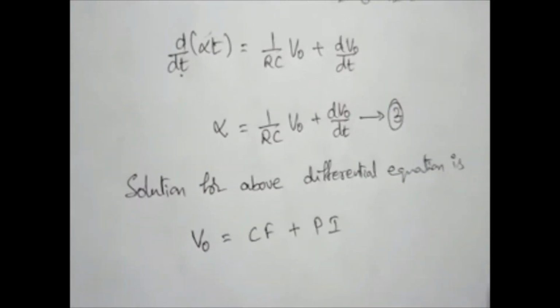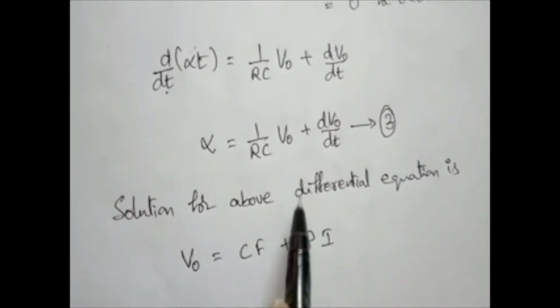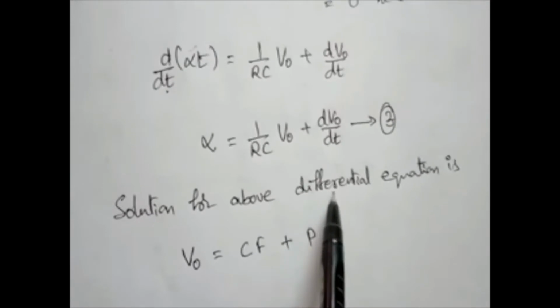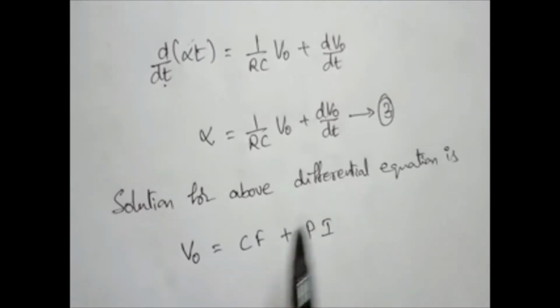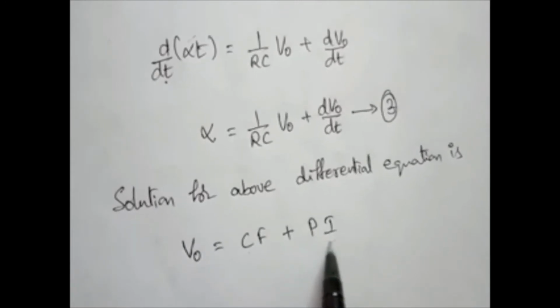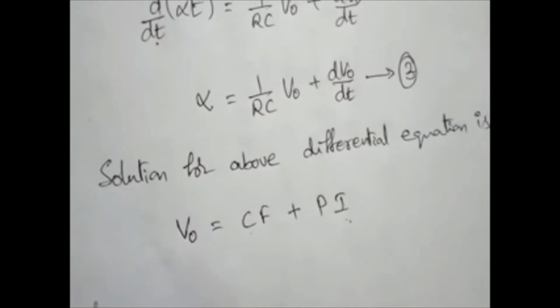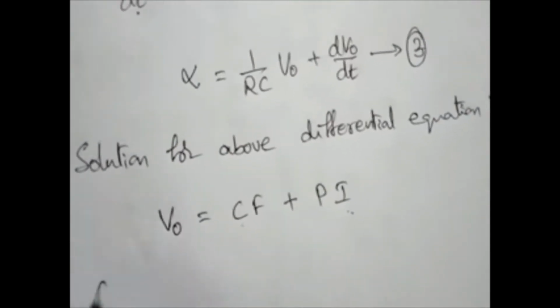What do we mean by particular integral and complementary function? We already know that the above differential equation consists of two parts. The first one is the complementary function and the second one is the particular integral. So first let us find the complementary function.